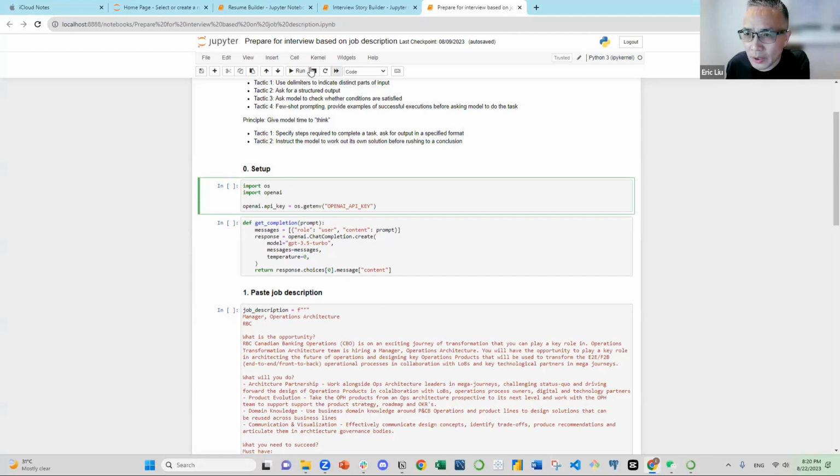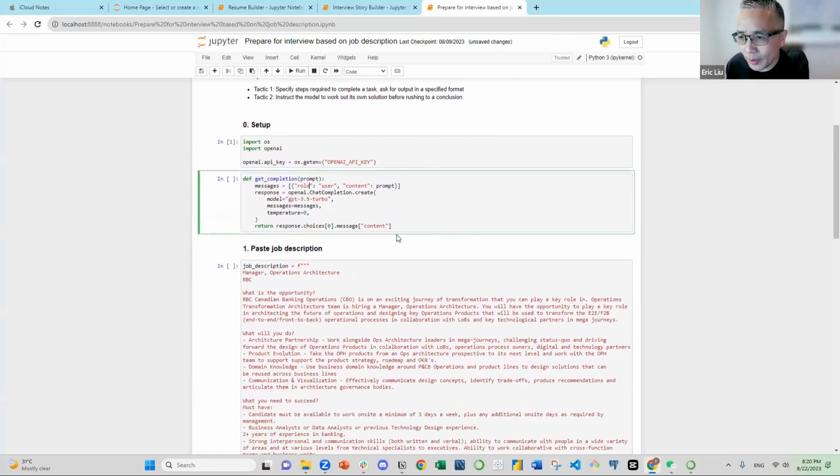So I'm going to run this. This will run, and this is the core. This is a function, obviously, so you can define a function, and I named the function get_completion, and the input is a prompt, okay?